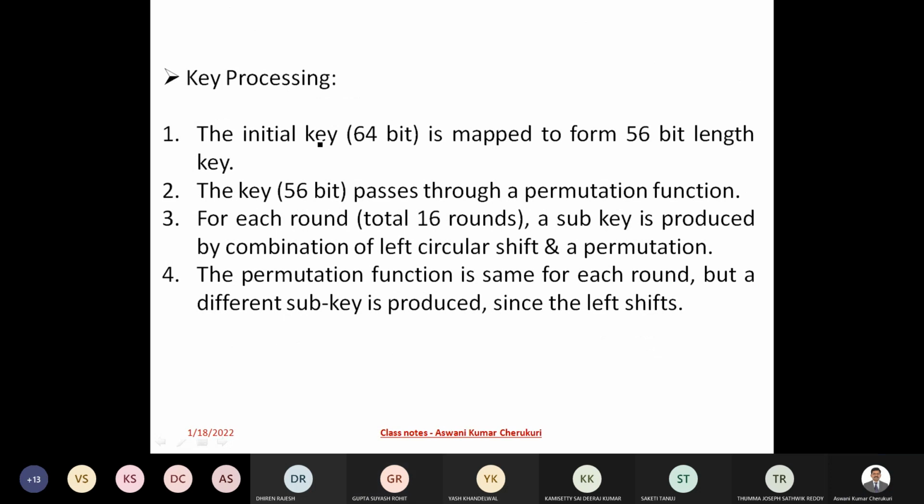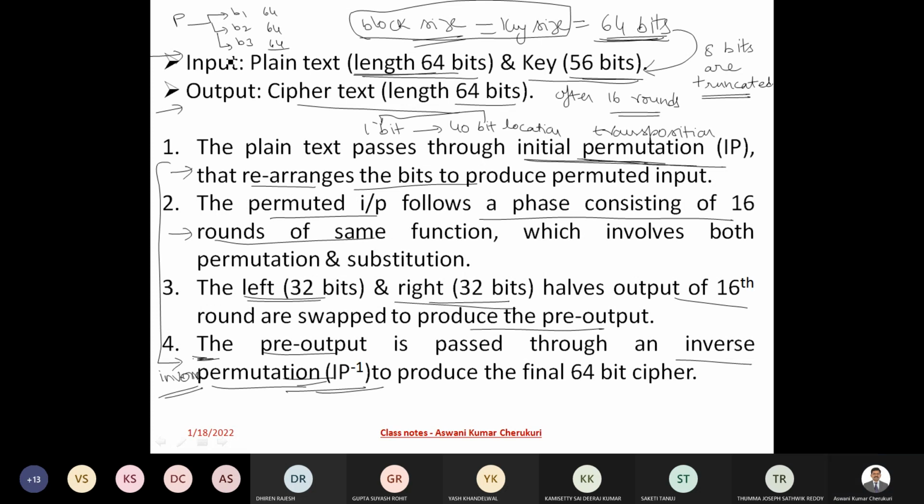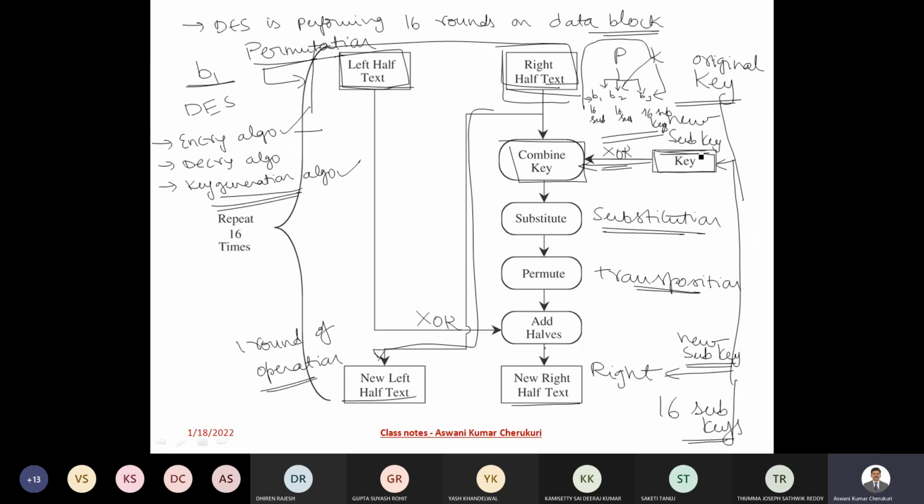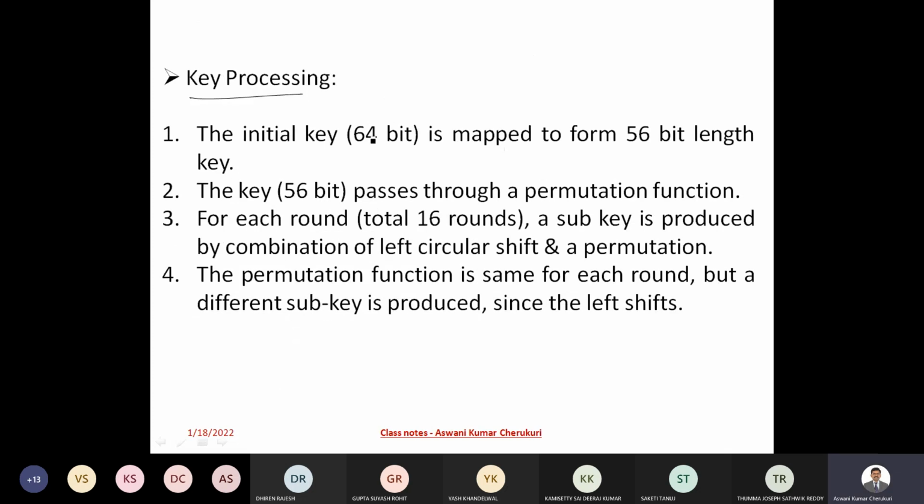Now, in the previous slide we also discussed the key, and that from the original key you generate the subkeys. Remember, you have a key generation algorithm. If you look at the key processing, the initial key you are given is 64 bits. 8 bits are truncated, and you get a 56-bit key.